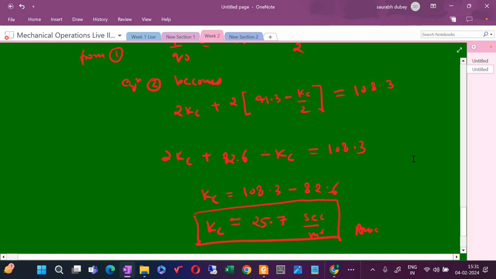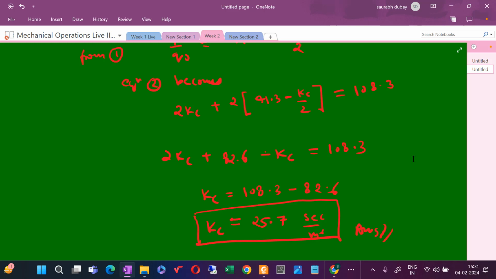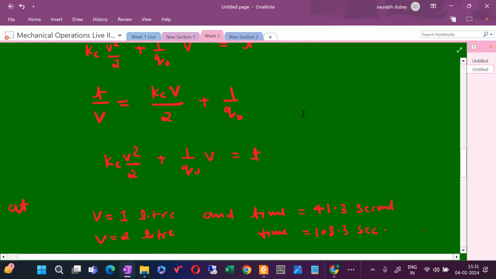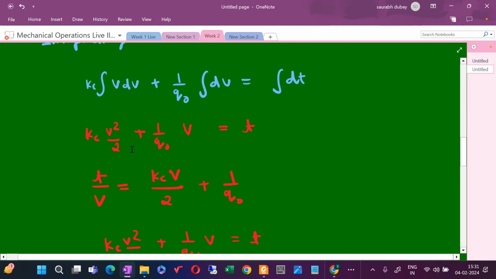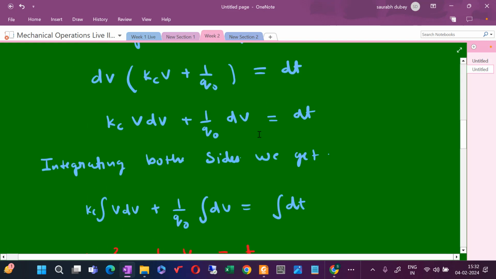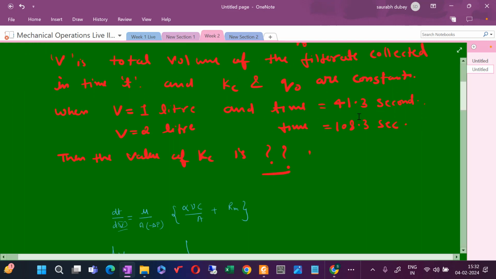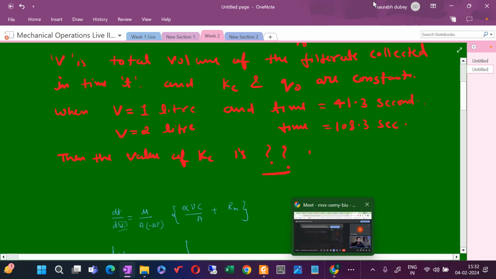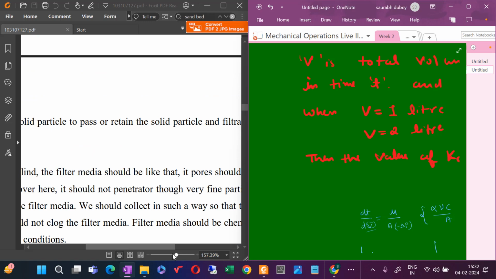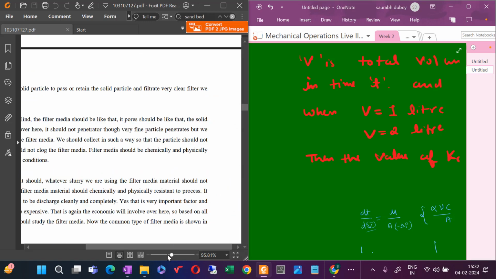So this was based on the constant pressure filtration, and during the constant pressure filtration also a similar approach has been used. And this particular Kc and q0, if you want to get somewhat more clarity about this, in the second lecture this has been clearly explained.